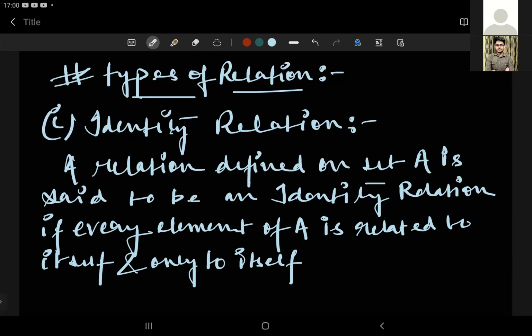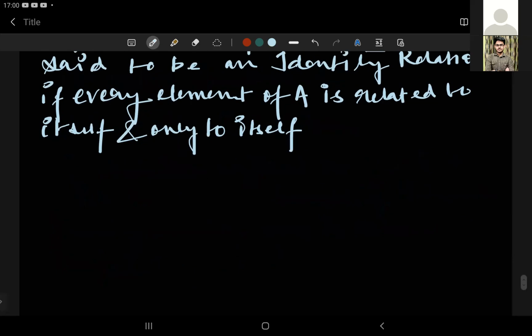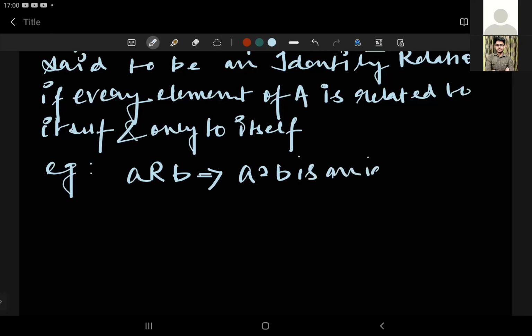So if we see it with an example, then a relation defined, let's say, on the set of natural numbers with the rule that A is equal to B, is an identity relation we know.